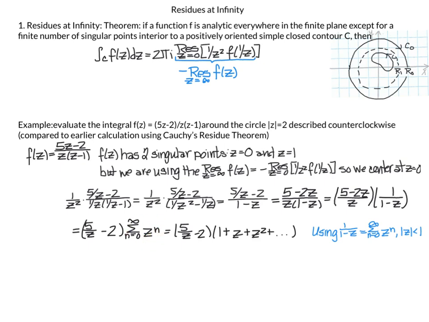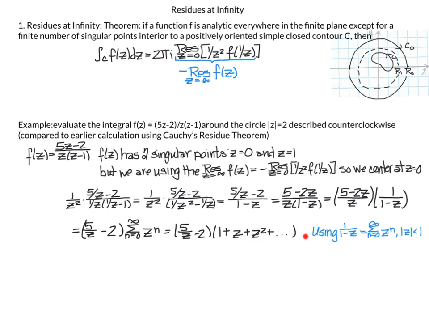I expand this series out to 1 plus z plus z squared, and I still have my 5 over z minus 2. And remember, to look for the residue, I'm looking for the coefficient of the z to the minus 1 term. So when I multiply 5 over z times 1, I'm going to get a z to the minus 1 term, so the coefficient is 5. When I multiply this 5 over z times everything else, I'm either going to get z to the 0 or z to the positive power.